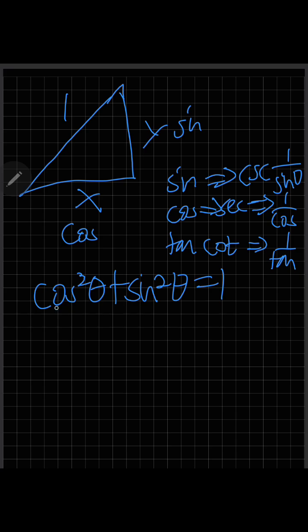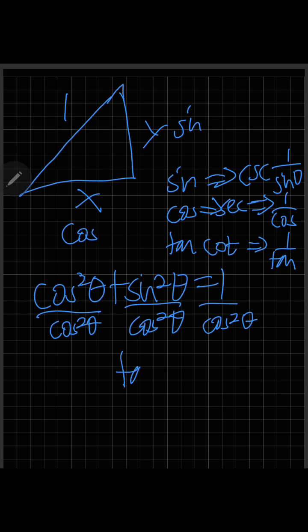So if you divide all of this by cosine, this will become tangent squared theta plus 1 is equal to secant squared theta.